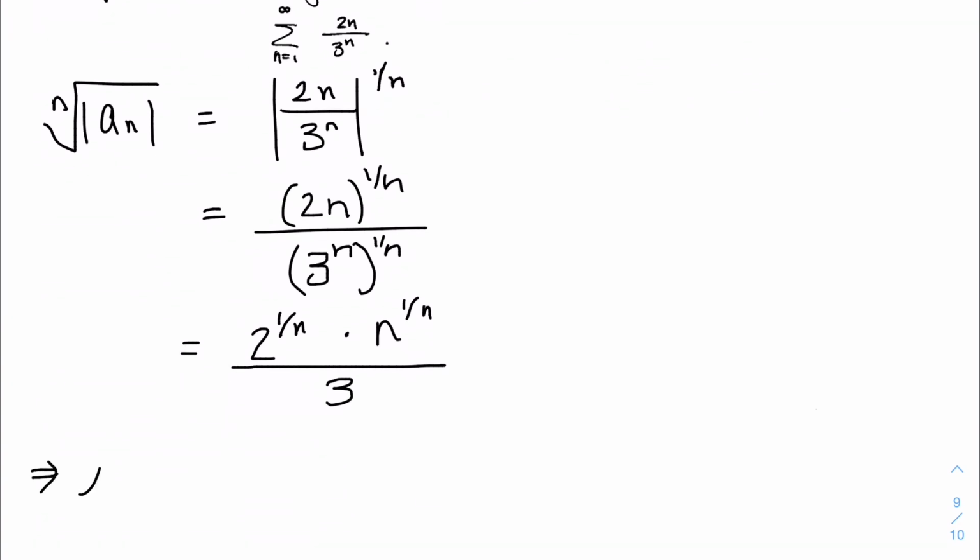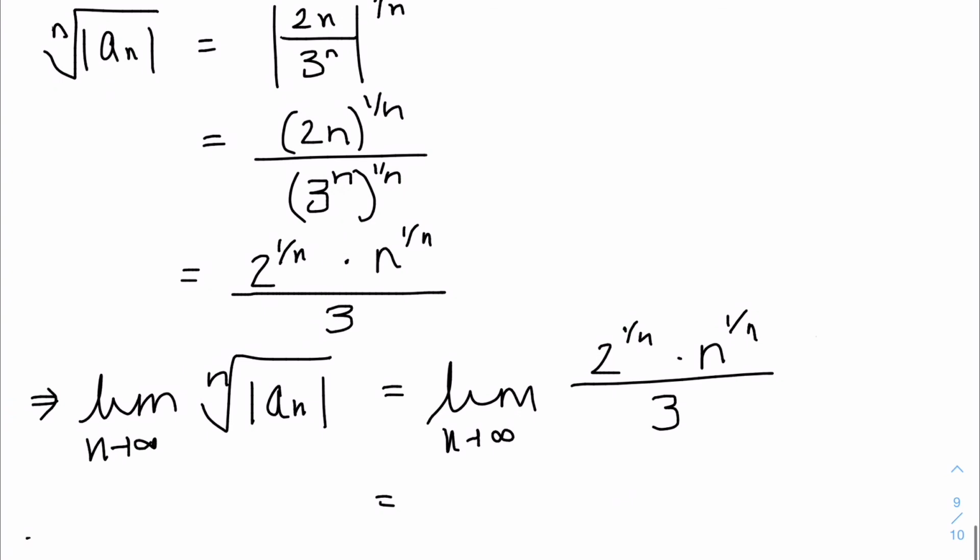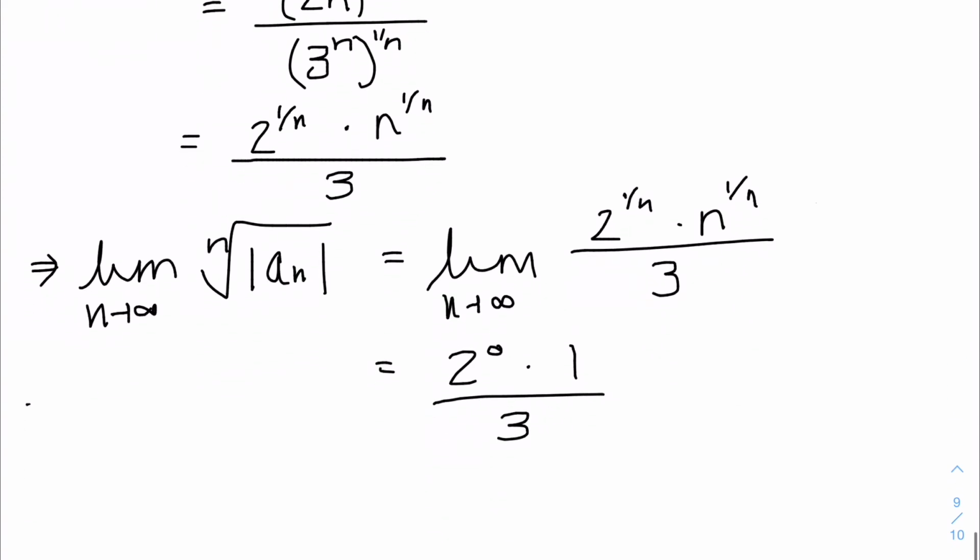So when you go to take the limit as n goes to infinity of the nth root of the absolute value of an, it's the limit as n goes to infinity of 2 to the 1 over n times n to the 1 over n, over 3. So 2 to the 1 over n just goes to 2 to the 0. n to the 1 over n we know goes to 1, and this gets divided by 3.